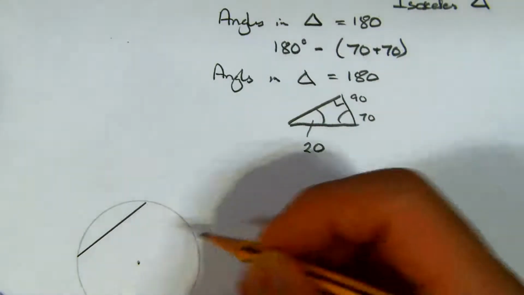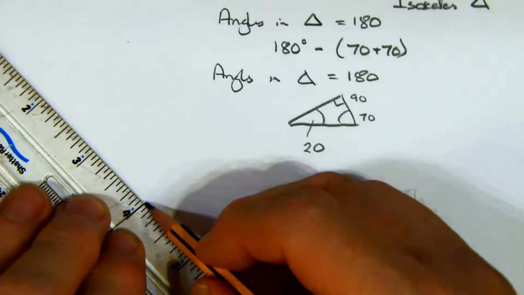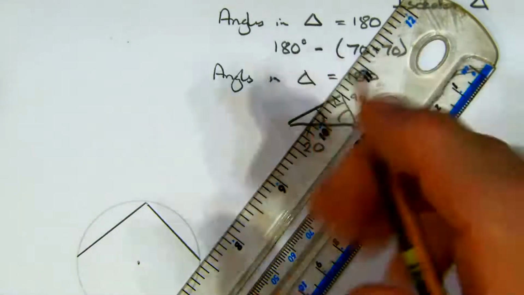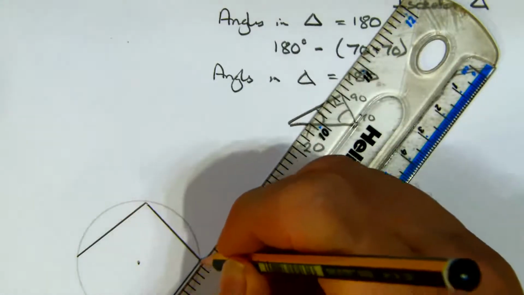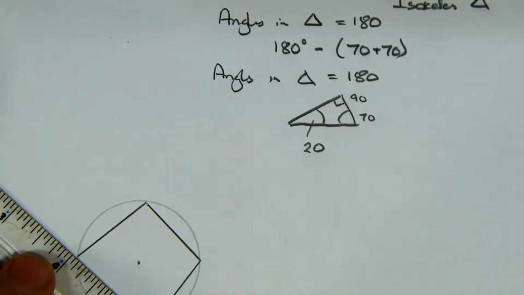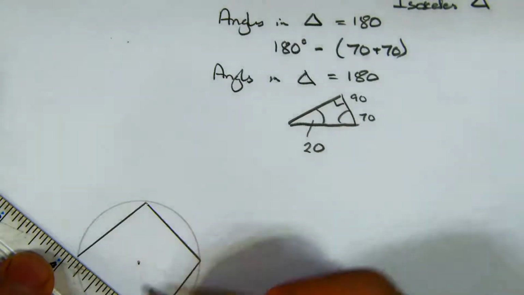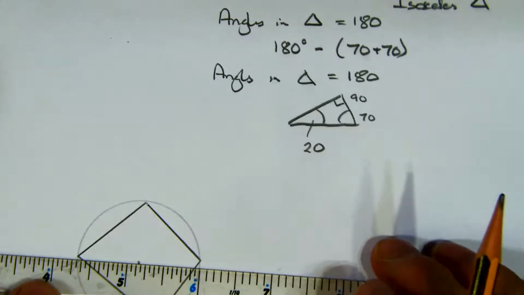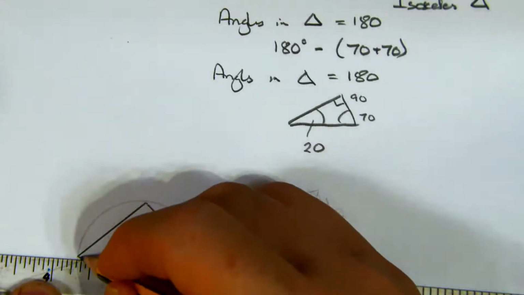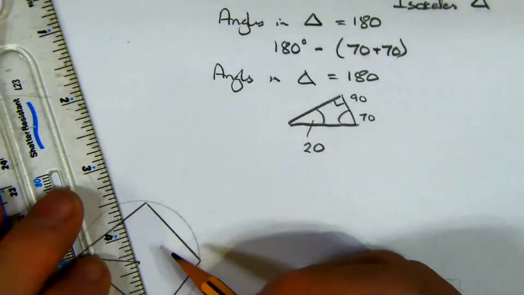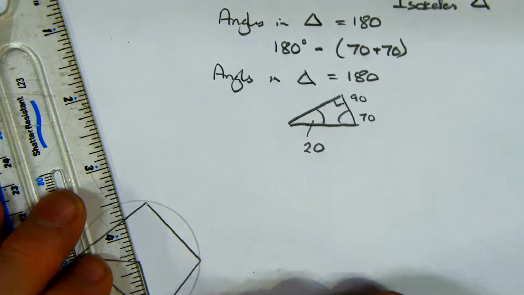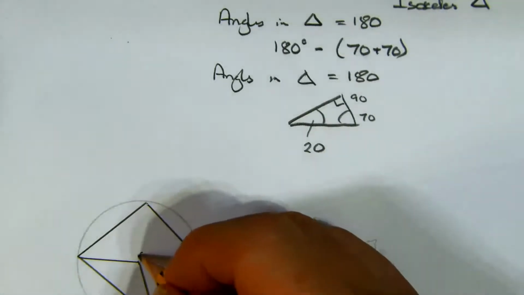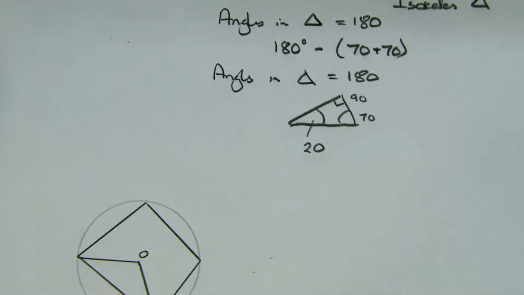I'm going to mark the centre as well. Let's draw in a radii there and a radii there. And I'm going to label O as the centre.